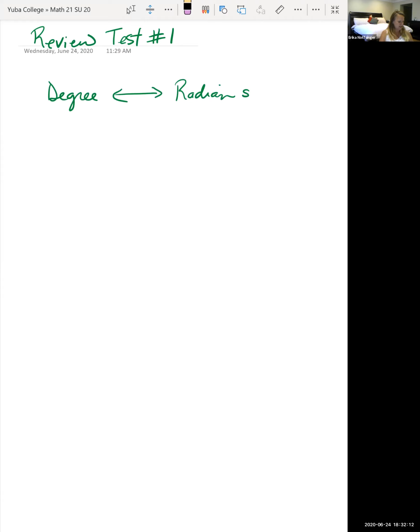So for instance, if we said convert 15 degrees to radians, you should be able to do that without a calculator. Degrees to radians, recall, you multiply by pi all over 180.